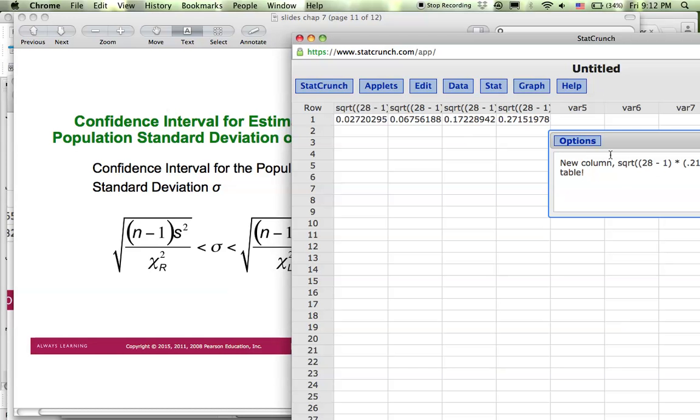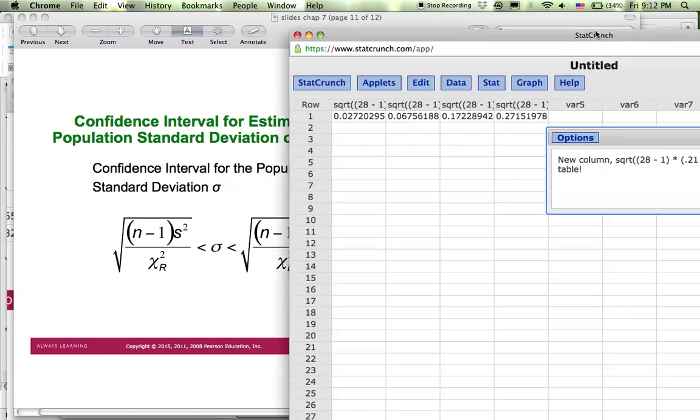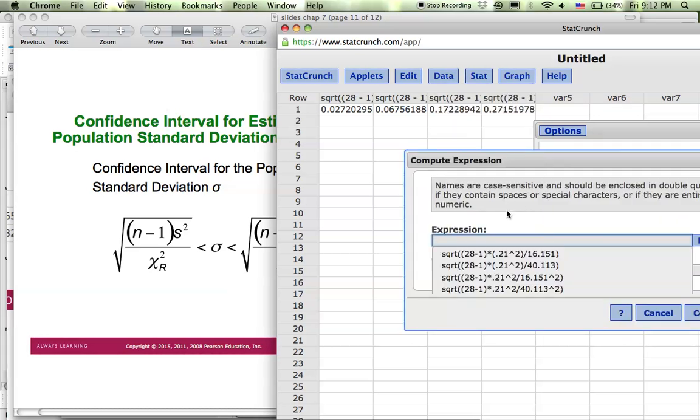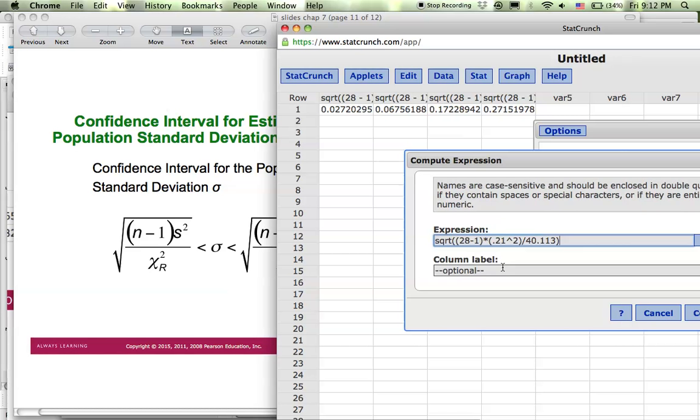So if you go to StatCrunch, you go to Data, Compute, Expression, and I already have it here. So the left boundary would be this.